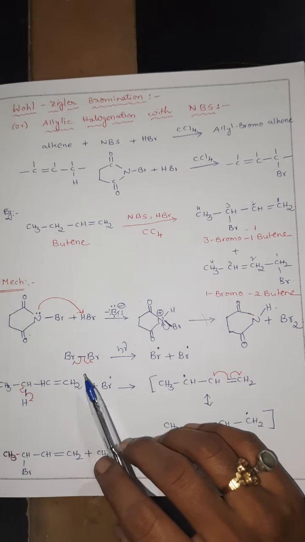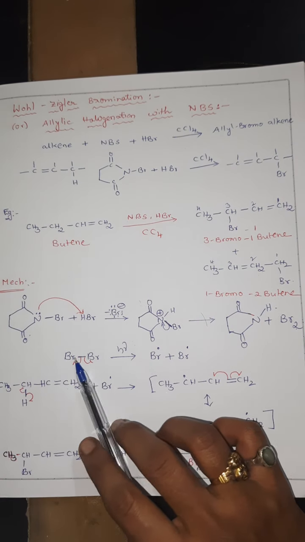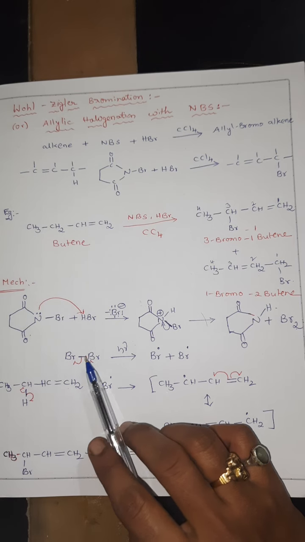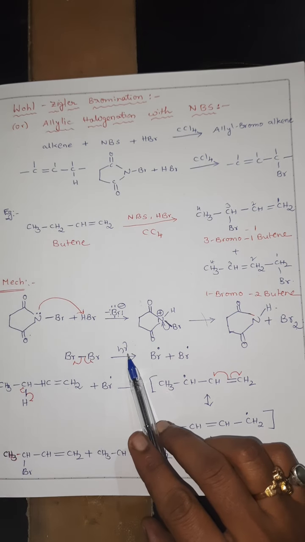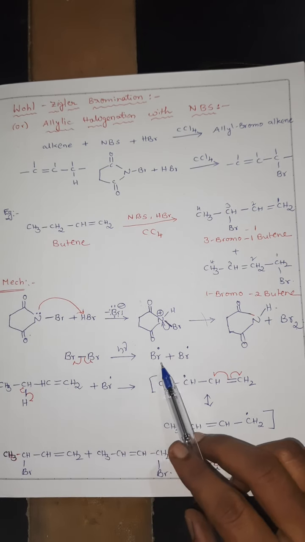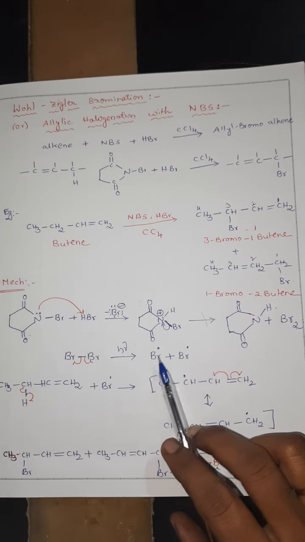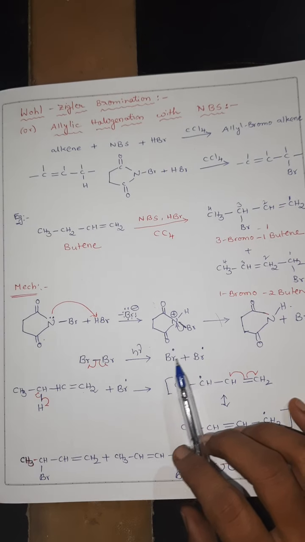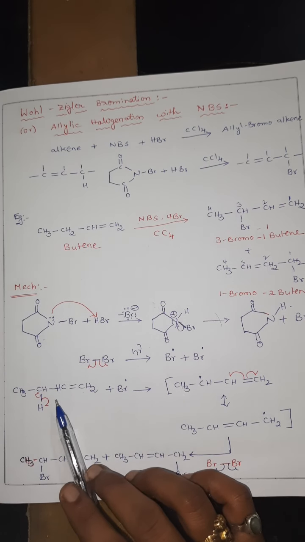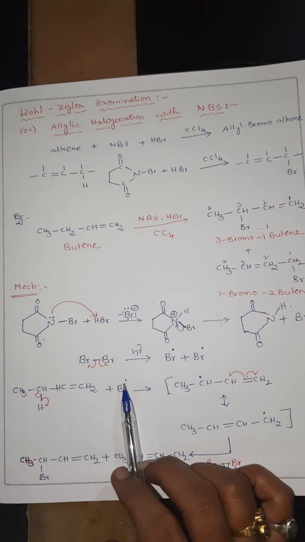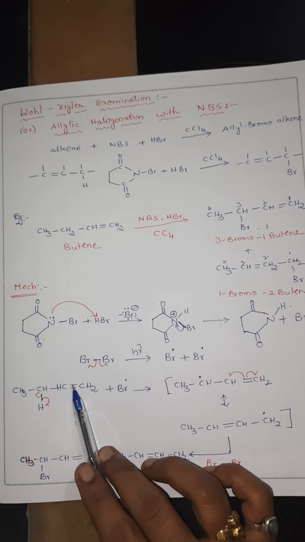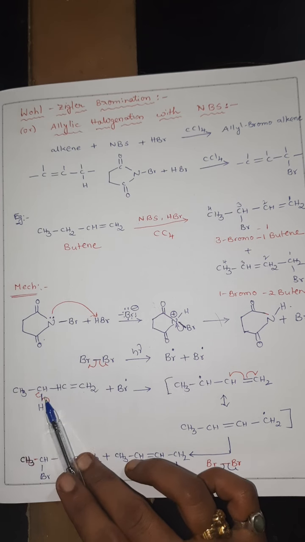Once molecular bromine is formed, it undergoes homolytic cleavage in the presence of light to form two bromine free radicals. One of the bromine free radicals reacts with the alkene by abstraction of hydrogen.